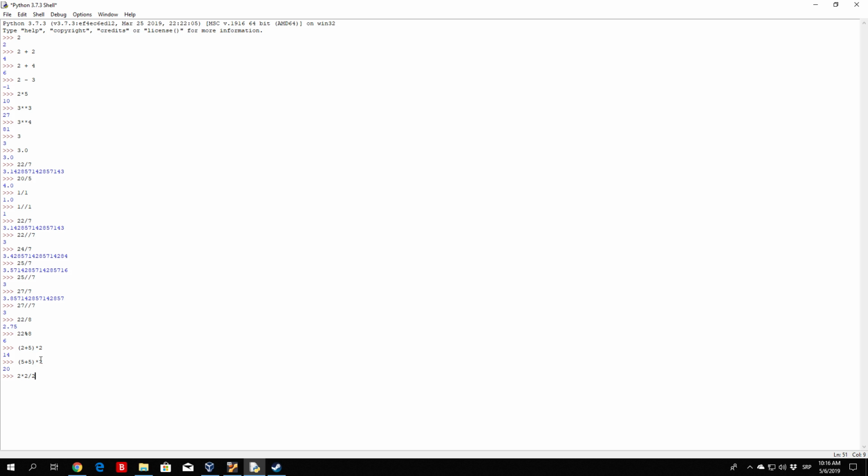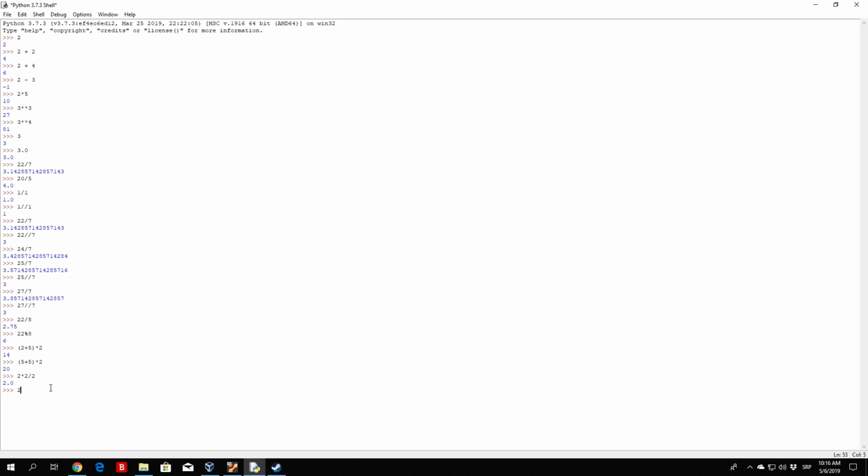So this should be equal to 2 if you press enter, and it is. Now, this is not looked at as 2 times and then 1, since 2 divided by 2 is 1. This has the most precedence, the multiplication sign.